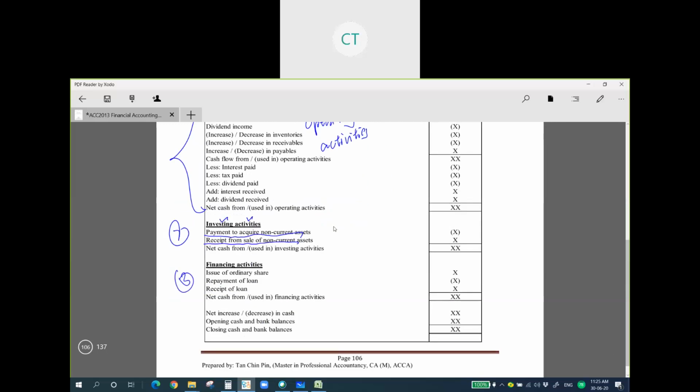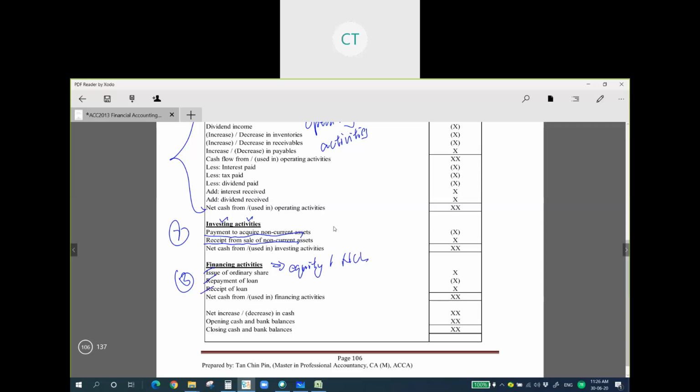In your financing activity, we record our equity and non-current liability movement. For example, if I issue ordinary shares, it's a positive because I receive money. When I pay a loan, it's a negative. And if I receive a loan from the bank, this is a positive.